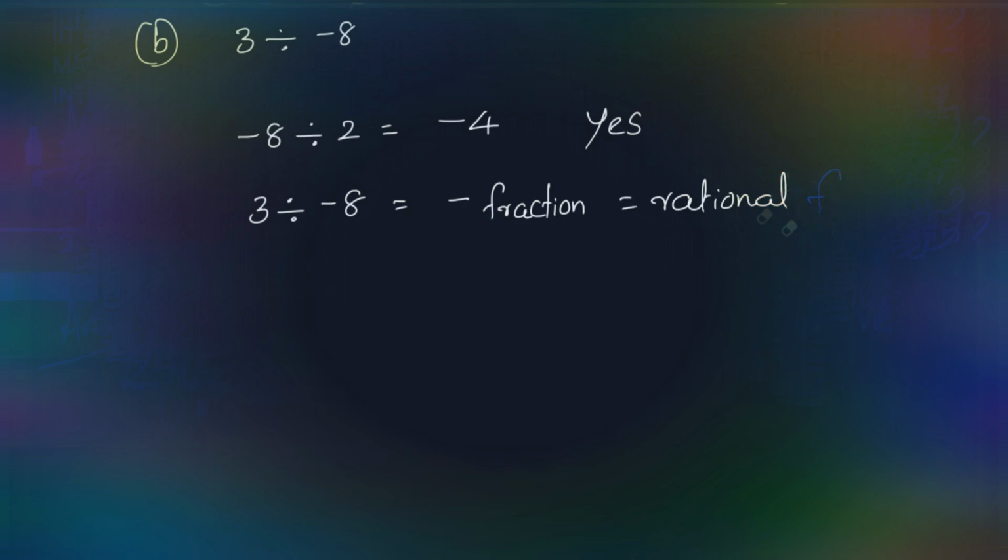It is a rational number, not included in the integers. We get the answer in negative a by b form, and it is a rational number and not included in our integer group. So A is an integer, B is not an integer, and again 13 divided by negative 2 plus 1 is equal to negative 1 itself.